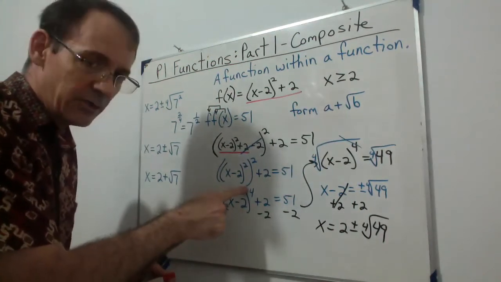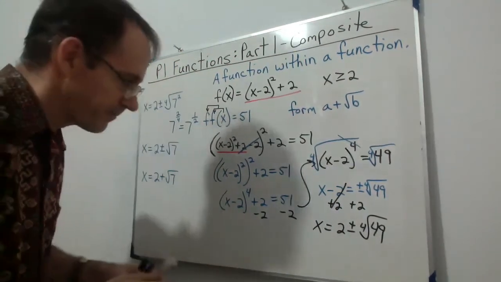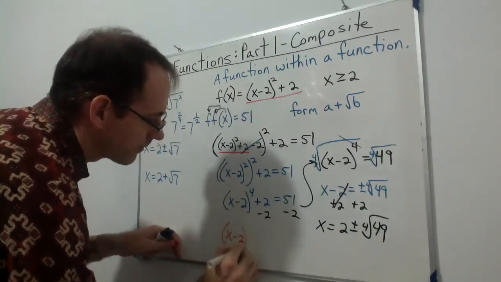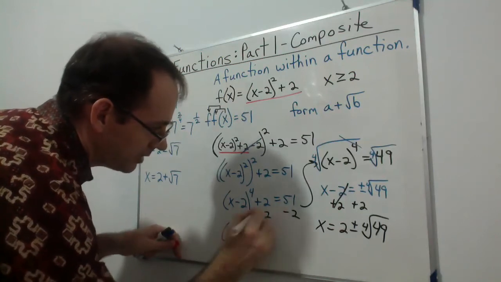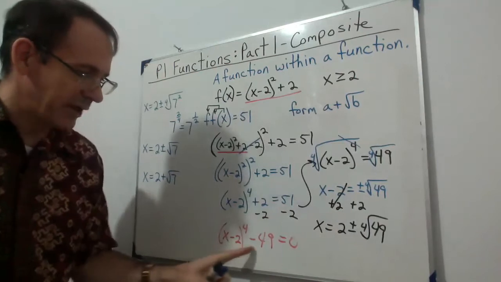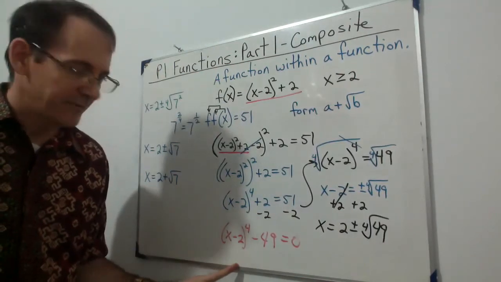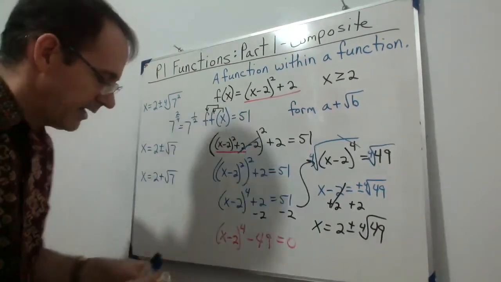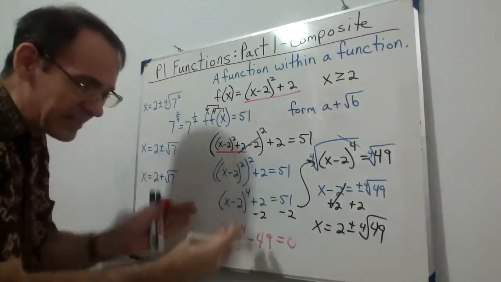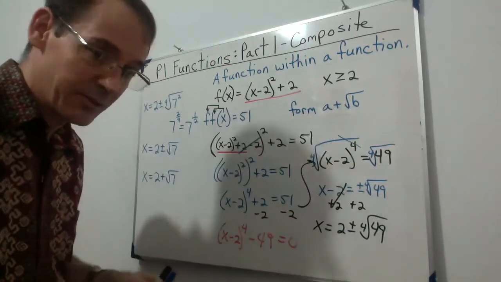Fourth power equation means you should have 4 answers. So if you subtract this the other way, you would get a minus 49 equals 0. That means you have a difference of squares. If you have a difference of squares, then it could factor; it'd be another way of doing this instead of doing it the way I did it.